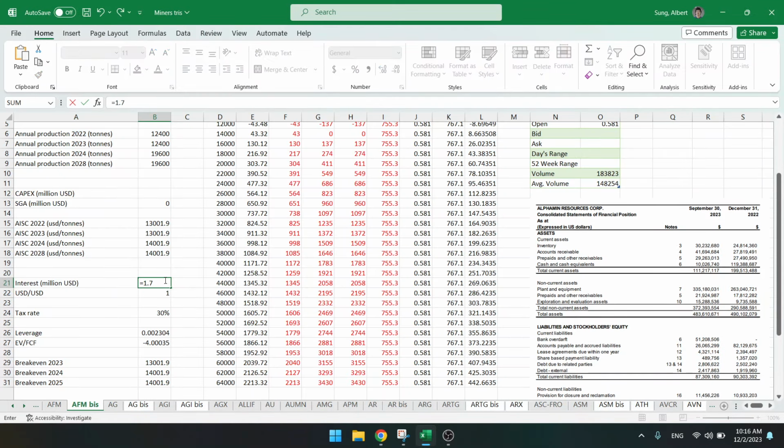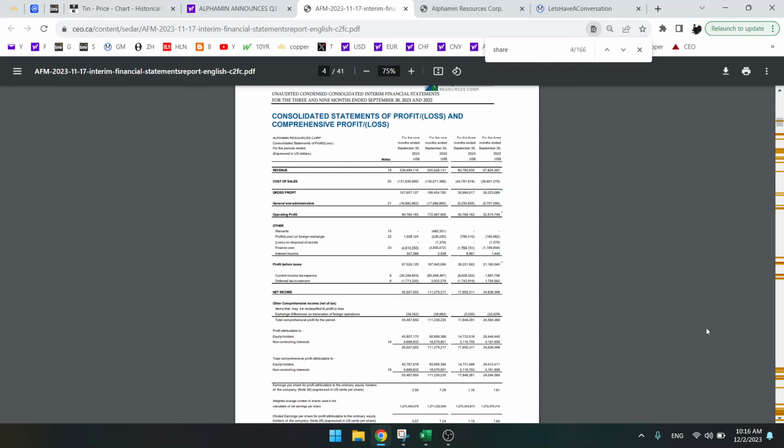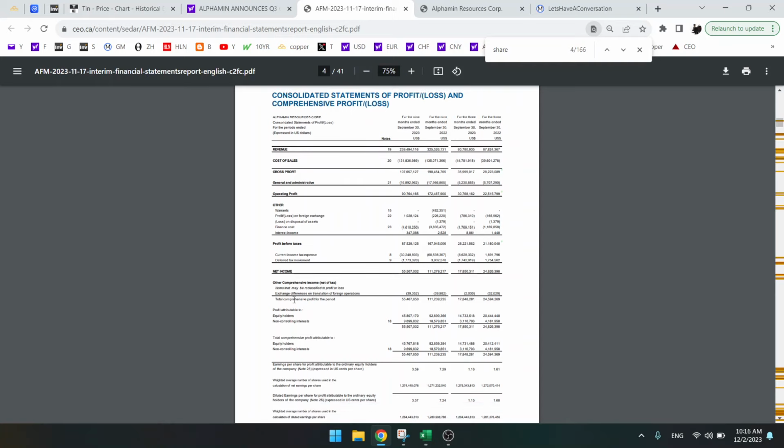So it's 1.7 times 4. That's the interest expense. Let's take a snapshot.